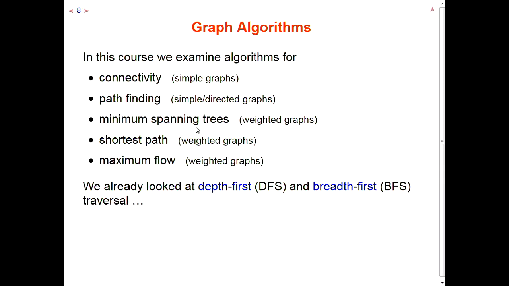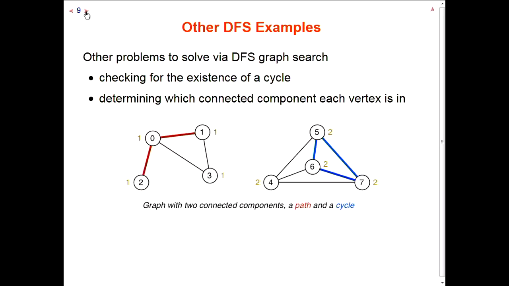We will be looking at minimum spanning trees, shortest path with weighted graphs, as I just said, and maximum flow in flow networks with weighted graphs. We already looked at depth-first and breadth-first traversal, and we will now be looking at how we can use the idea of these traversals, in particular depth-first search, to solve other problems.